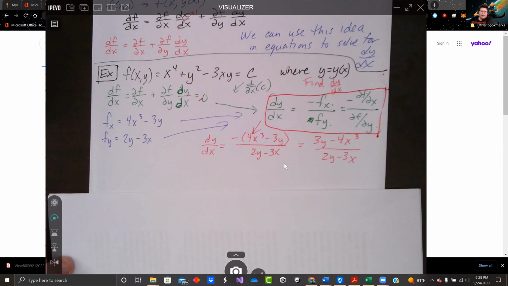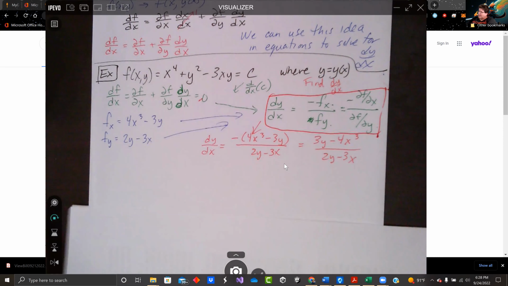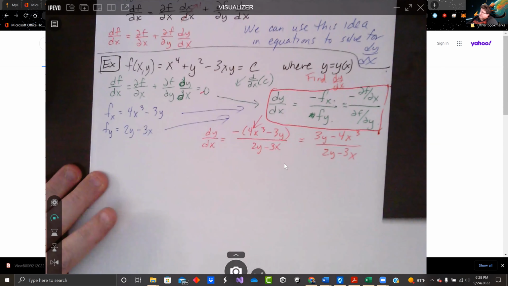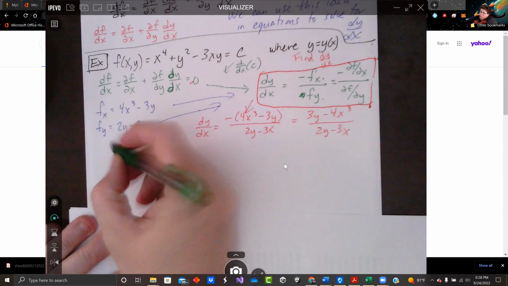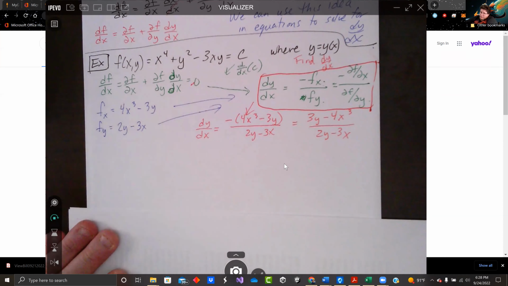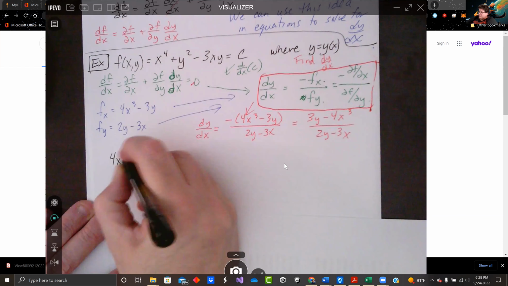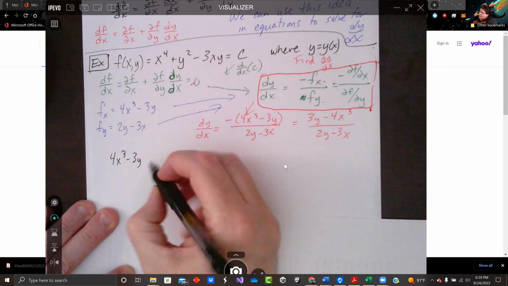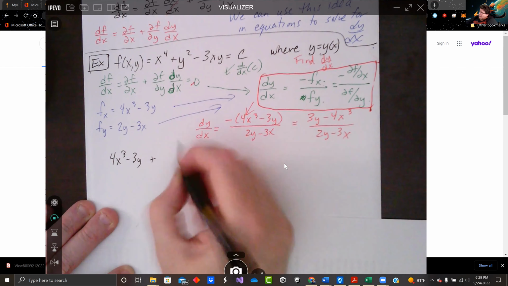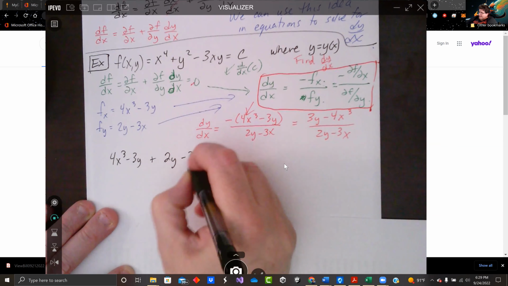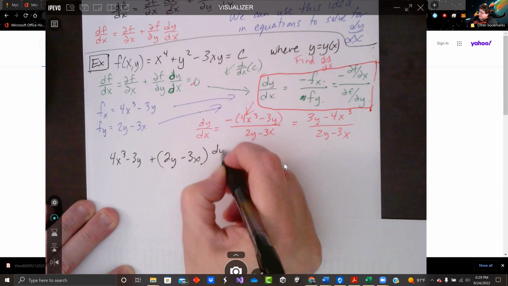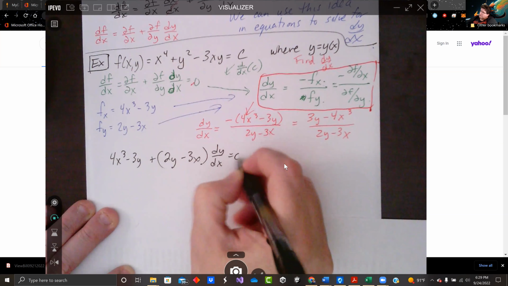So I'm plugging it in. If I had done it by hand, I would have 4x cubed minus 3y plus 2y minus 3x dy/dx equals 0.